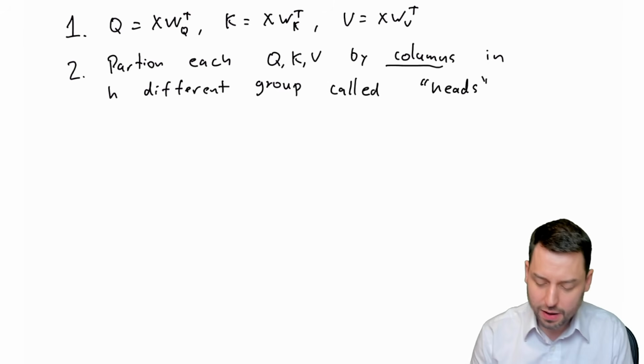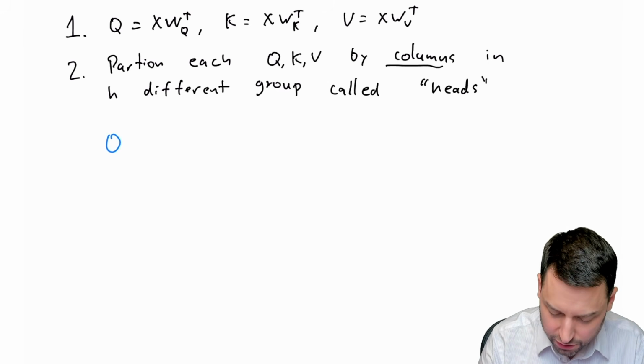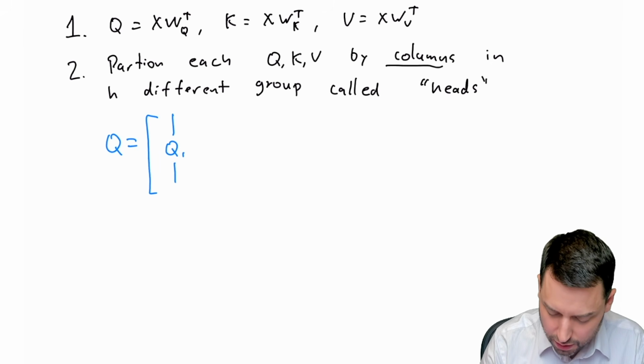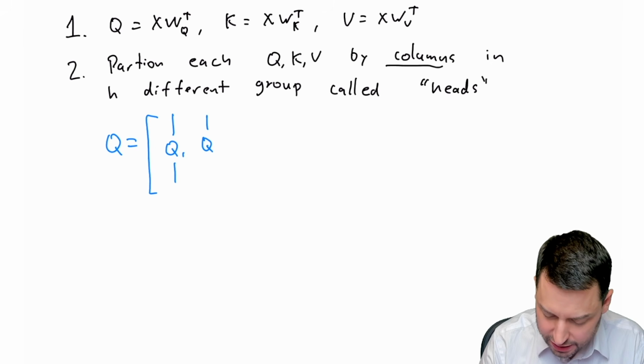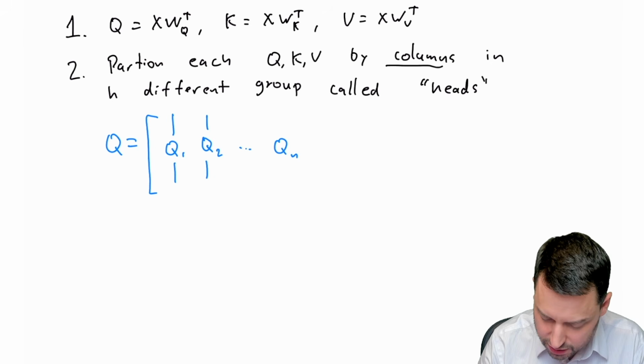What I mean by this is we're going to take our matrix Q and partition it into H different blocks, Q_1 through Q_H.